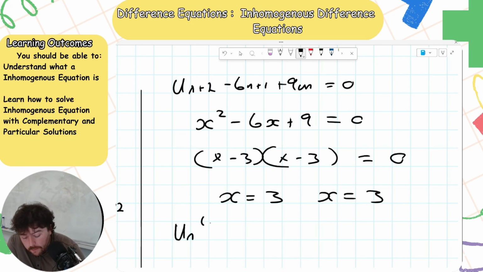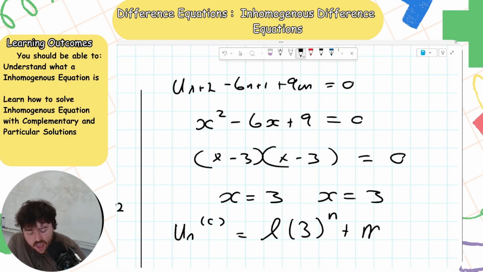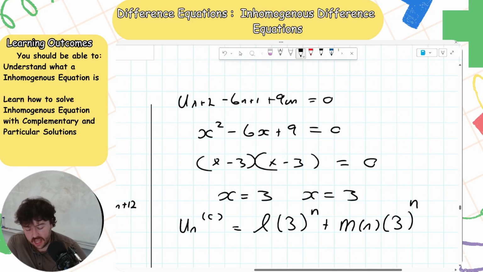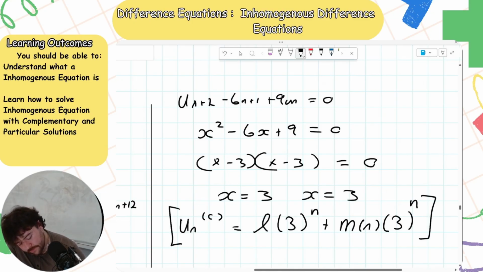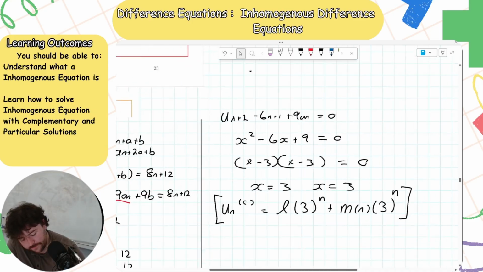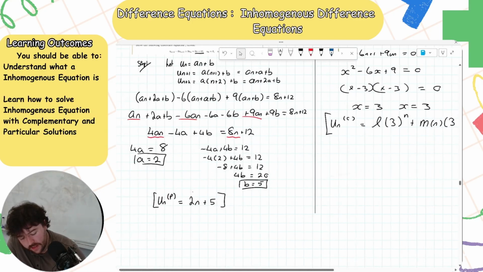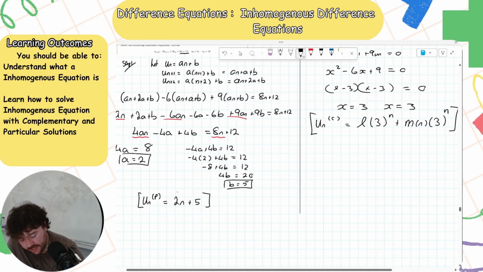So my complementary solution is going to be L times 3 to the n plus m times n times 3 to the n. So remember, if it's a repeated root, it looks like this. So there's my complementary solution, and there's my particular solution.